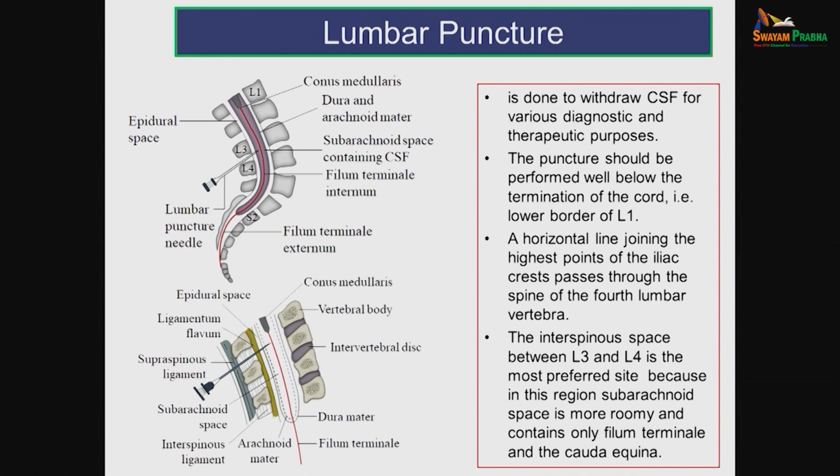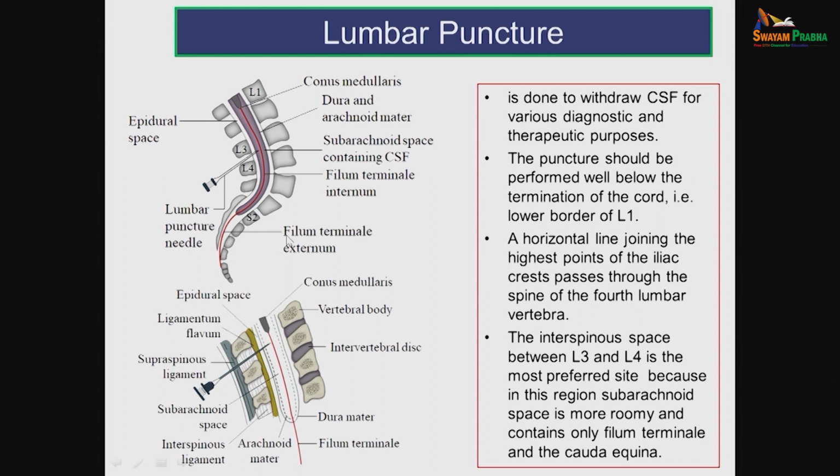So, the important clinical anatomy for this is lumbar puncture. Lumbar puncture is a procedure to withdraw cerebrospinal fluid. As has been mentioned, CSF is in the subarachnoid space, so you can withdraw CSF for various diagnostic and also therapeutic purposes.